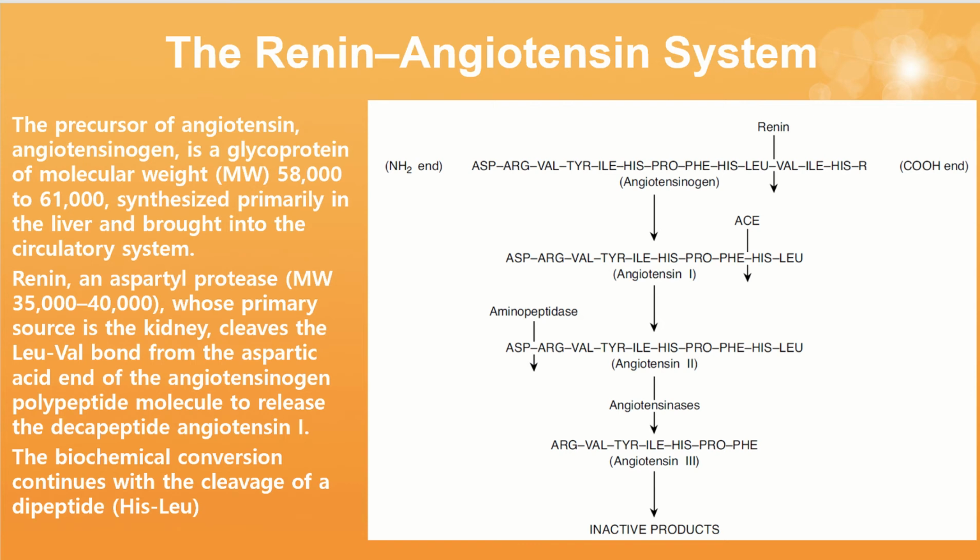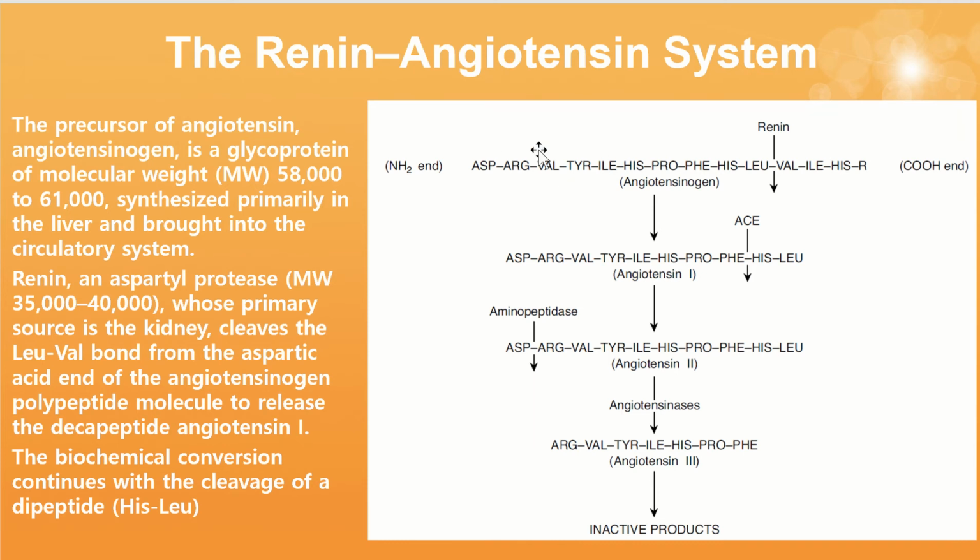So angiotensinogen primarily from the liver and renin primarily from the kidney. And renin cleaves the leucine valine bond from the aspartic acid end of the angiotensinogen polypeptide molecule to release the decapeptide angiotensin 1. So the biochemical conversion continues with the cleavage of a dipeptide, histidine, and leucine.